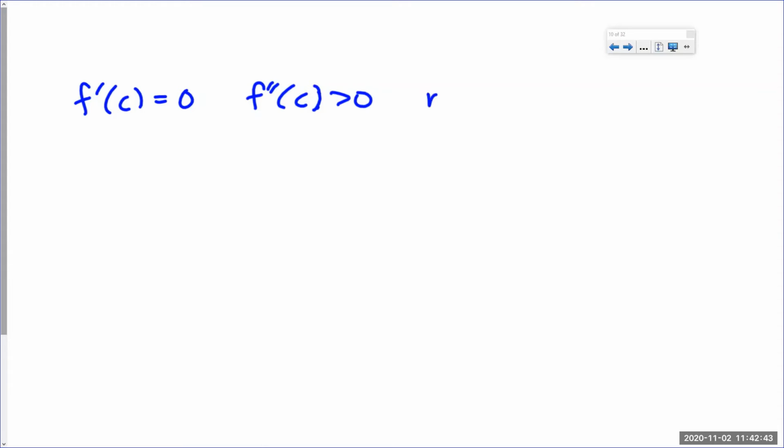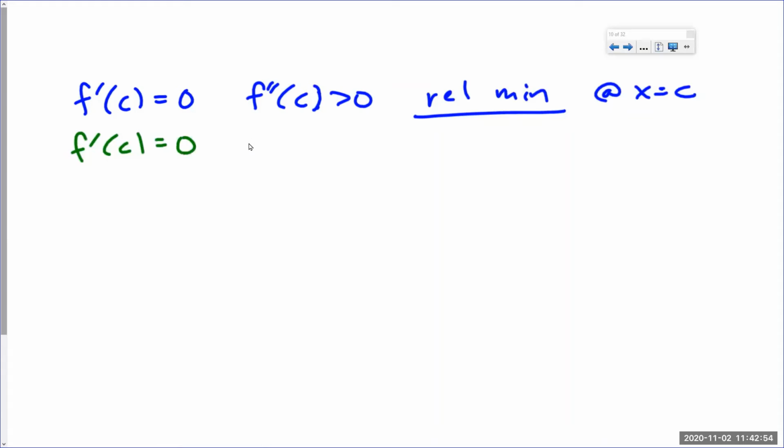So in your blank, you're going to put relative min, or you can put local min, at x equals c. The second derivative test also says that if your first derivative is 0 and your second derivative is less than 0, remember, less than 0, concave down, is that a relative max or a relative min right there? Max. So that will be a relative max at x equals c.